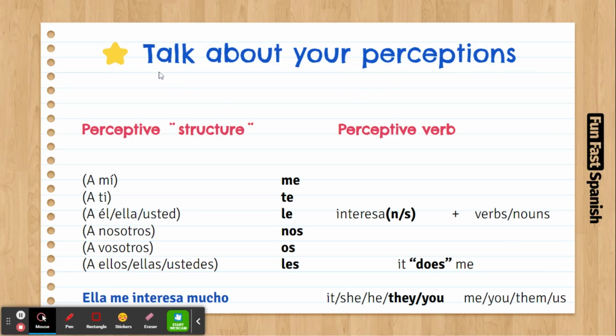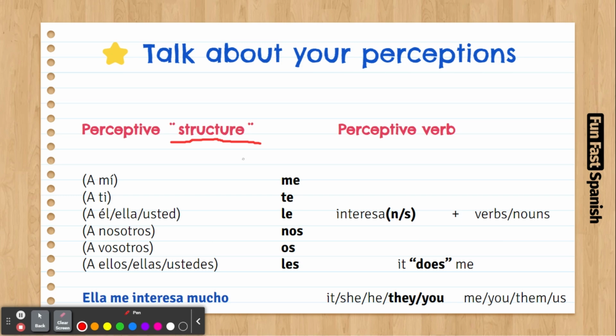Today's video lesson is going to be about how to talk about your perceptions. We already talked about this perceptive structure before, and it's a super important thing in Spanish. We have three structures, and this is one of them. Why do we talk so many times about the same perceptive structure?